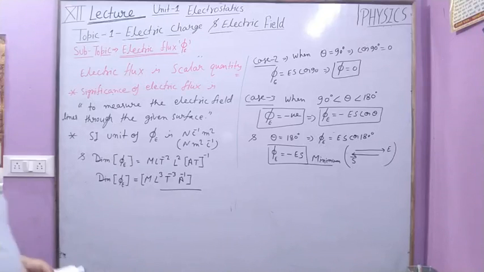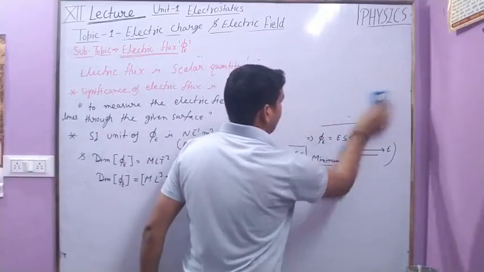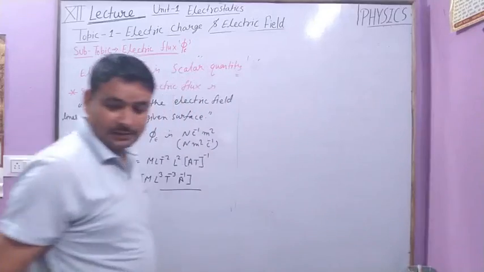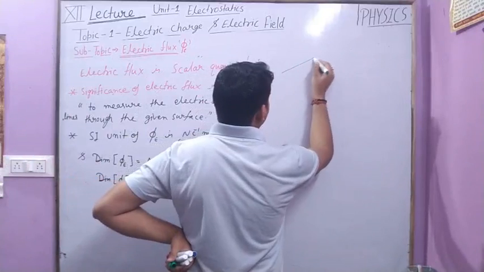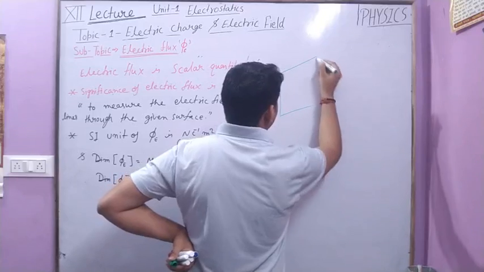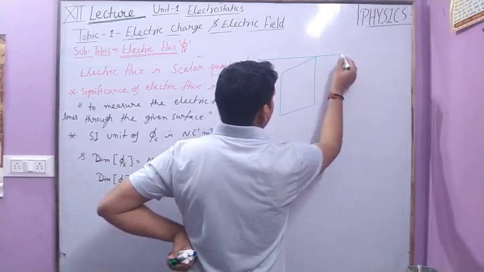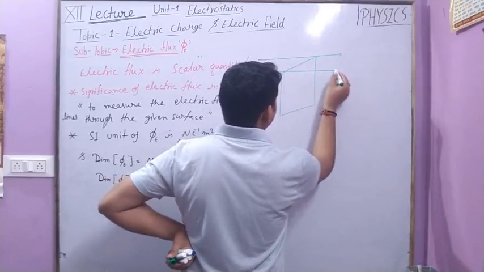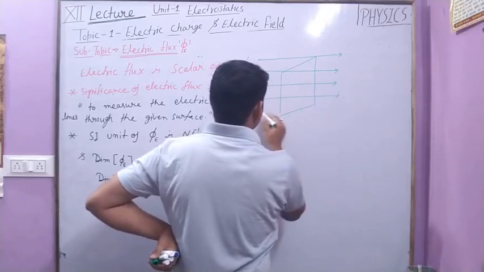You can also understand the electric flux lines for different surfaces. Suppose you have a plane surface and the electric field lines are moving through the surface in such a way.